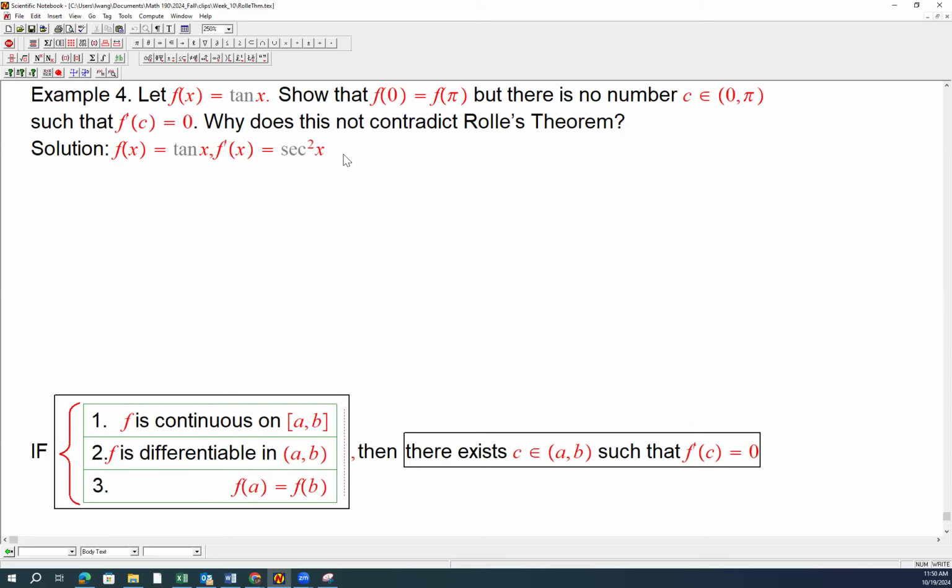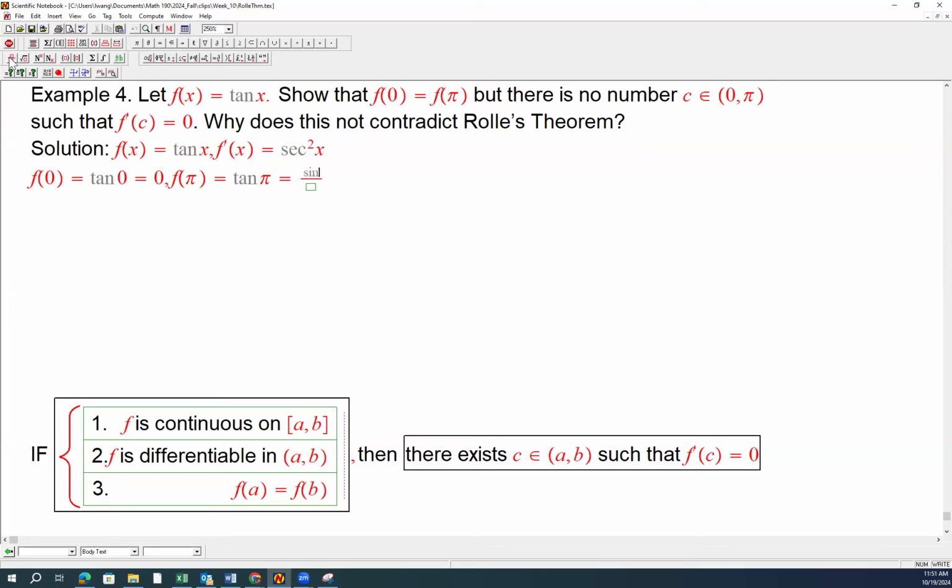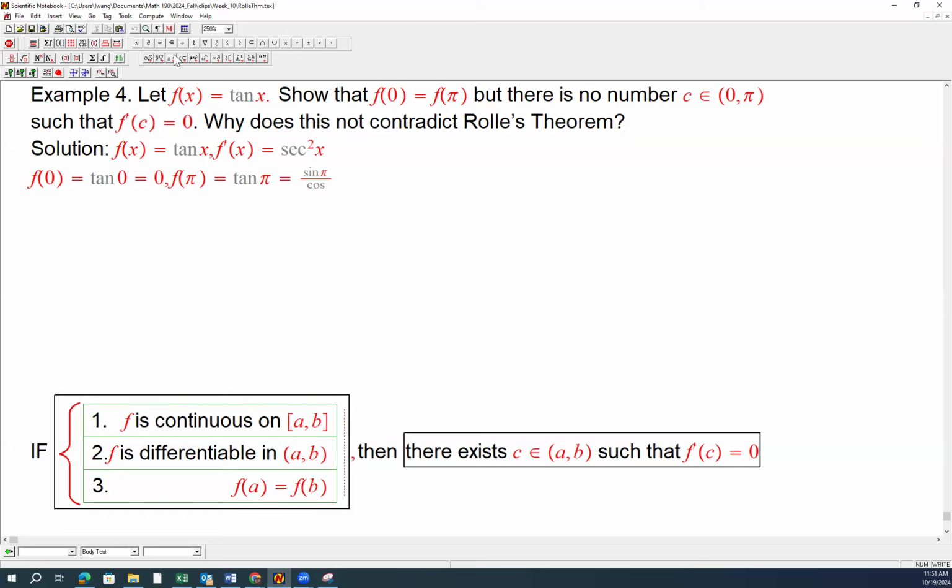We know f of 0 equals f of pi, which is true, right? f of 0, tangent 0, indeed is equal to 0. f of pi is tangent pi, which equals sine pi over cosine pi.